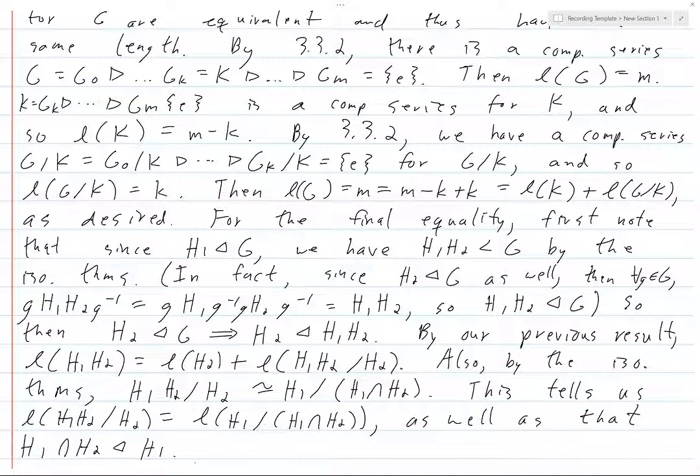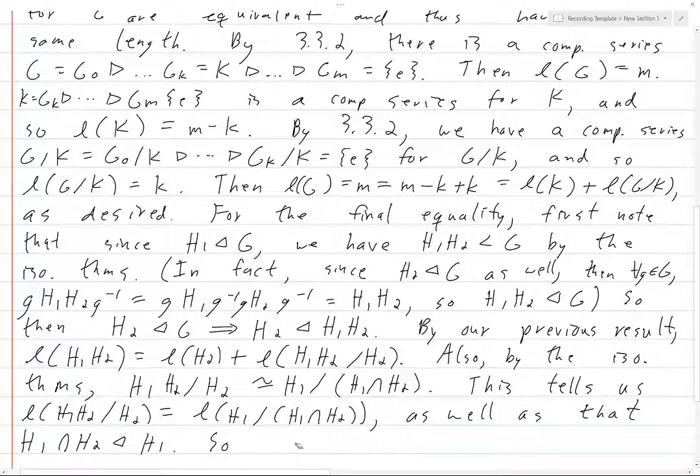So H1 has a composition series, and the length of this... Oh, right. So then, since H1 intersect H2 is normal in H1, we use our previous result.